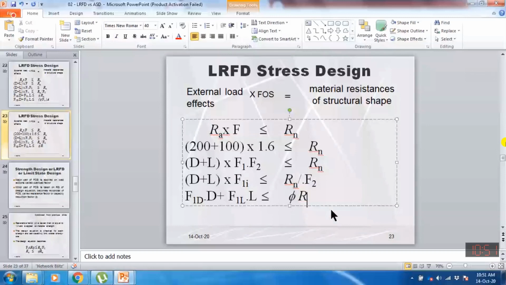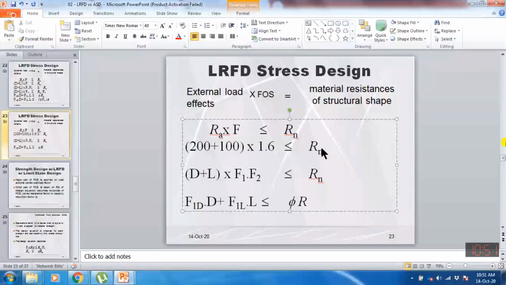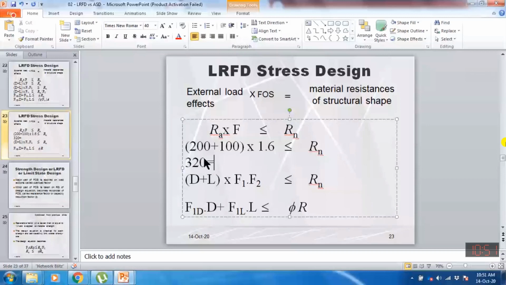If I am multiplying with 1.6, so what will be the answer? 300 when it is multiplied, that will be 320 plus 160, isn't that?